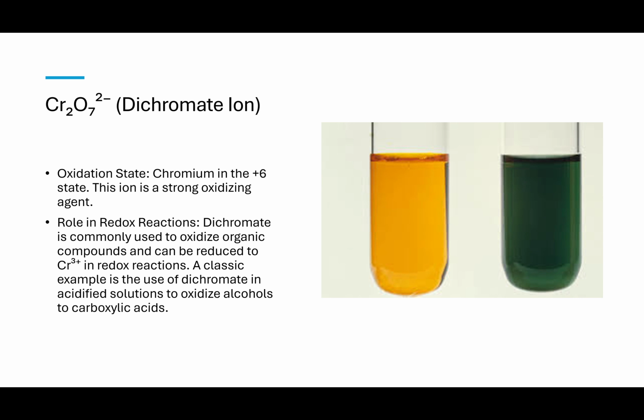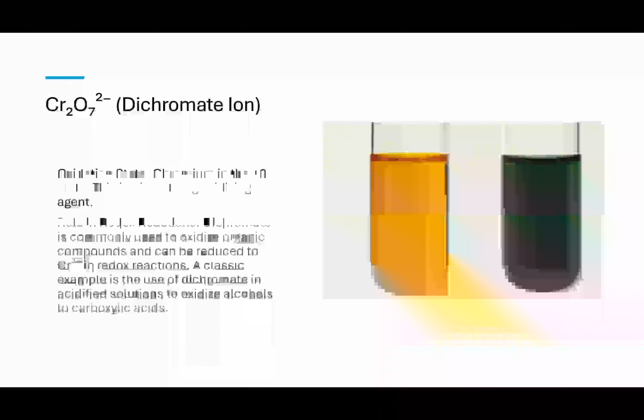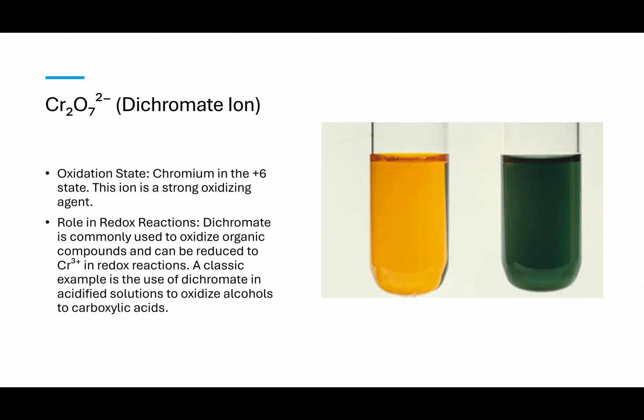So a classic use of this would be in your oxidation of alcohols that we will look at in unit 2, right? So the oxidation of alcohols to carboxylic acids generally, right? So usually we use that for that, and this is similar to what we do in the Jones test. You guys will have a look at that in unit 2. All right. So it's usually used to oxidize organic compounds.